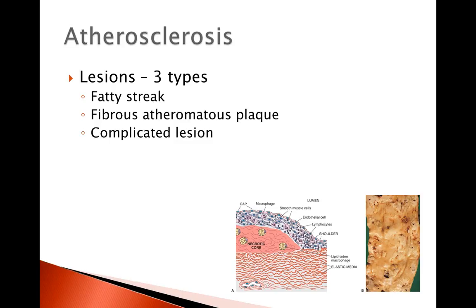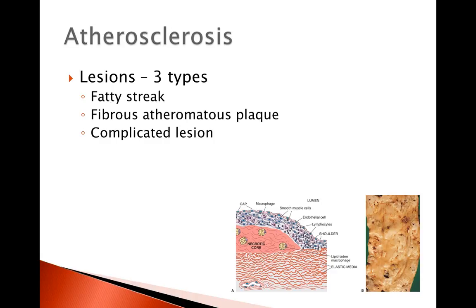So there are three types of lesions or potential damage to the blood vessel: the fatty streak, which in young people apparently is not a problem, but as you get older may be an area of vulnerability where more will develop. The fibrous atheromatous plaque is the actual plaque buildup that we see when we talk about plaque in blood vessels, things starting to block blood vessels.